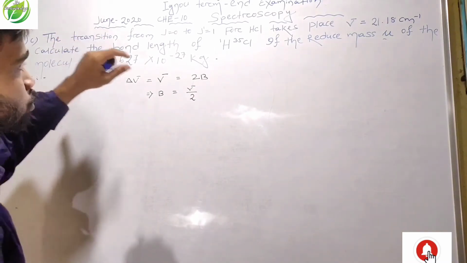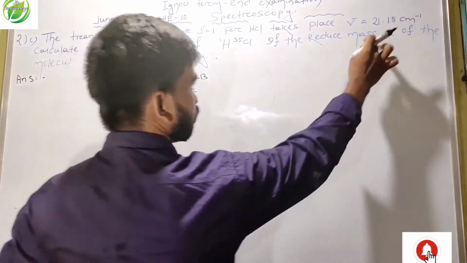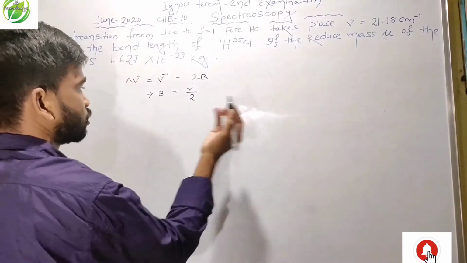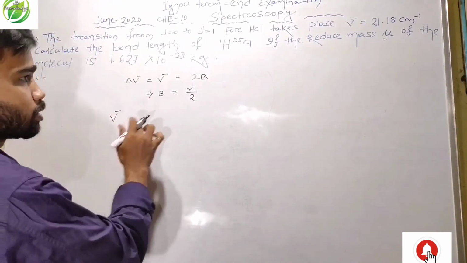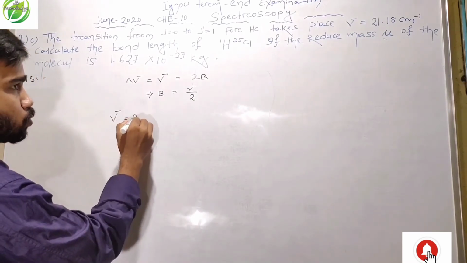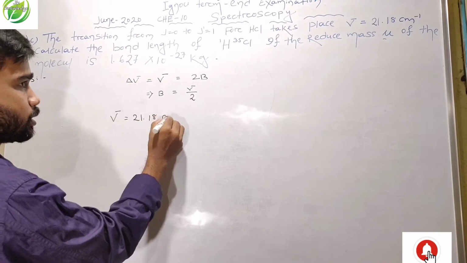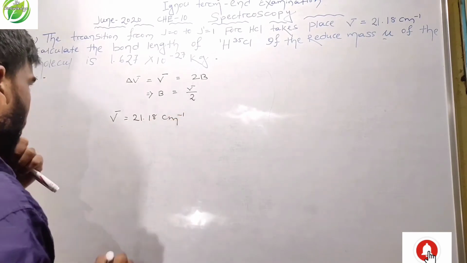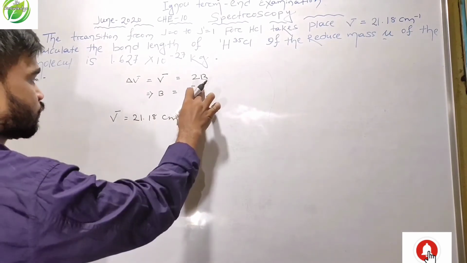Friends, according to this question, the energy difference between the two energy states is already given, that is 21.18 cm⁻¹.